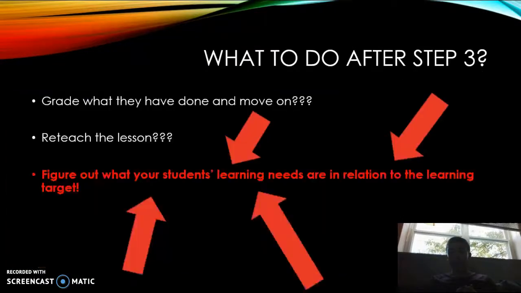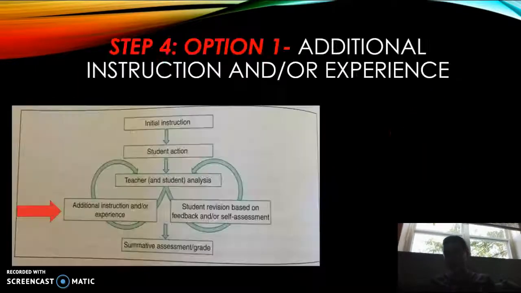The common thing people want to do after that third step is just grade what they've done and move on, or just reteach lessons they didn't get. But what you need to do is figure out what the students' learning needs are in relation to the learning target. You need to figure out what the students don't get, and then you move on to step 4. Step 4 is additional instruction or experience.